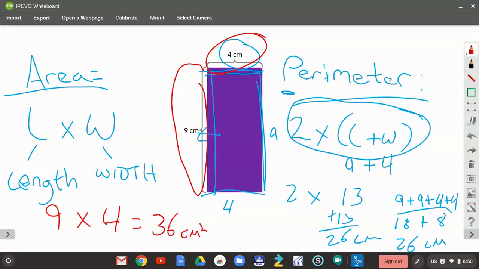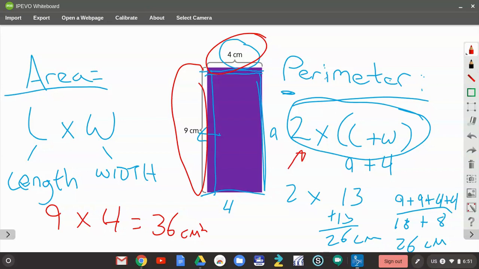You just need to get in your head the difference between perimeter and area. Perimeter is plus. You add up all the sides, or you use the formula they give you here, length plus width, and then just double that, 2 times that. Or just add up all the sides, whichever works best for you. Area is length times width, and you don't have to double that or anything. Just length times width, and that will give you the area.